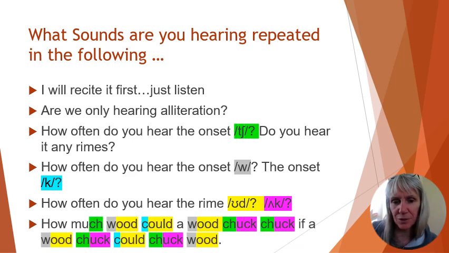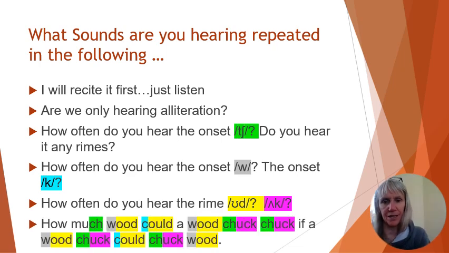And this is what it would look like if we were to put all those colors together, okay? So you see that how much, the ch sound for the green there, the w for the wood, and could and wood, and we see that repetition of the yellow is that wood sound. The ch sound is a green, so we see that several times in the onset as well as in the rhyme of much.